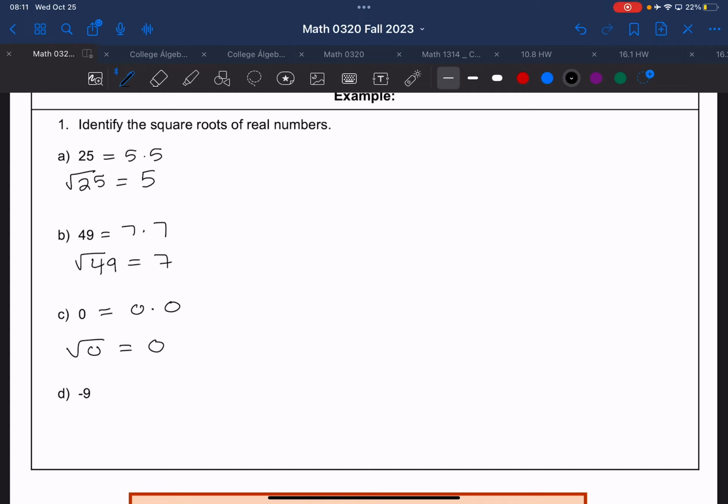And then now we have -9. Are there two numbers, if we multiply them together, the same number, that would give us a -9? No, because we could do 3 times 3, and that's +9. Or we could do -3 times -3, which is also +9. We would never get a -9. So if I take the square root of -9, that should give us what?